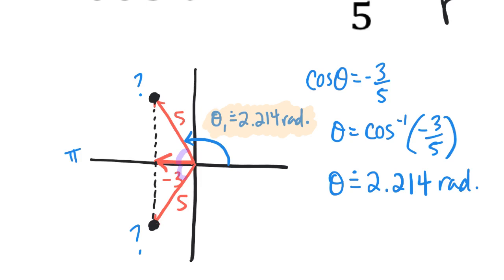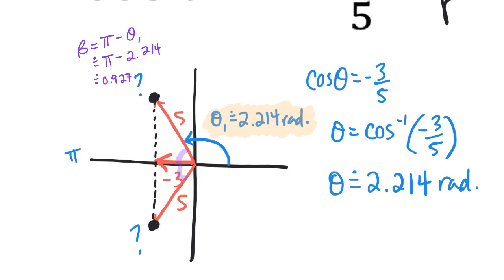So to find that related acute, beta is our related acute, that's going to be pi minus theta 1, which is pi minus 2.214 radians, and it's approximate, so I put that little dot above. So my related acute is 0.927-ish. And I'm keeping the full number in my calculator. I'm not stopping to reset.